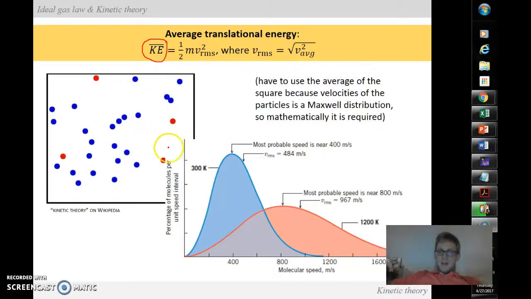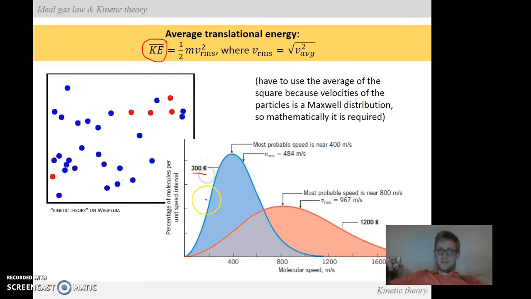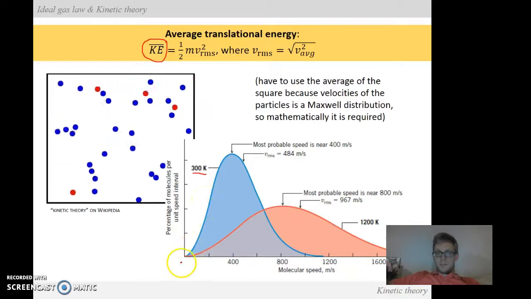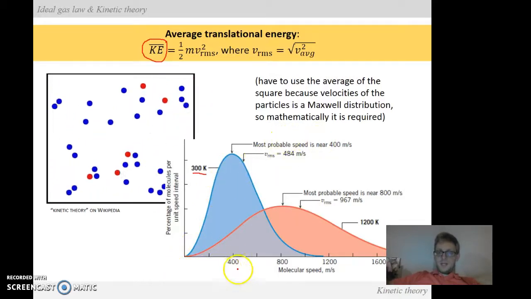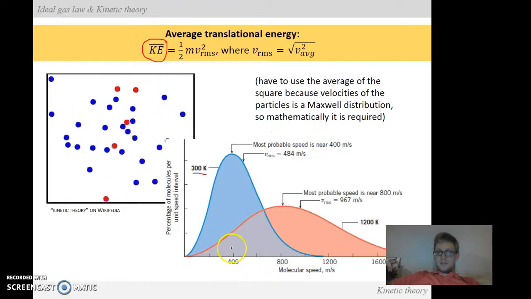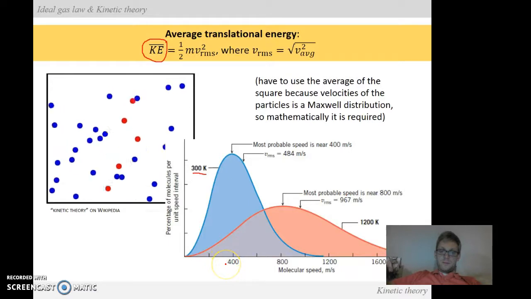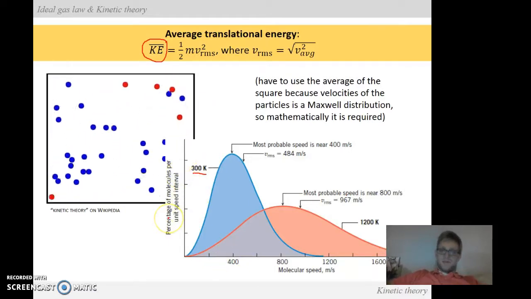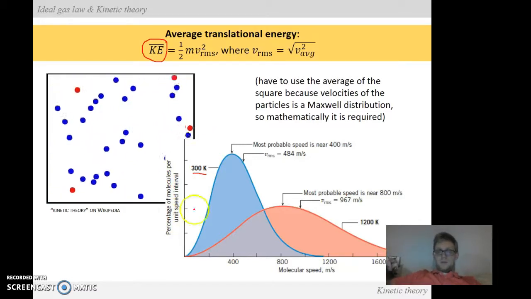So if we look at a gas at 300 Kelvin, which is this blue curve here, the most probable speed is at this 400 meters per second. The y-axis here is percentage of molecules, basically a number distribution.